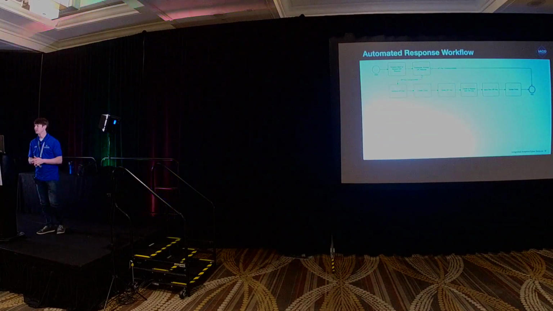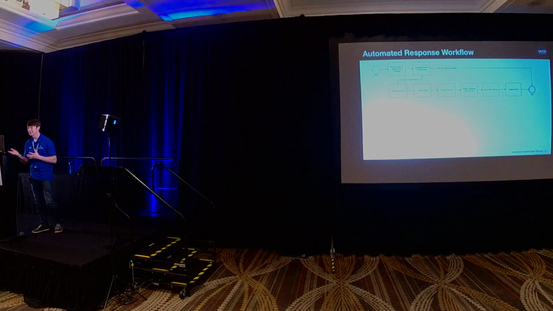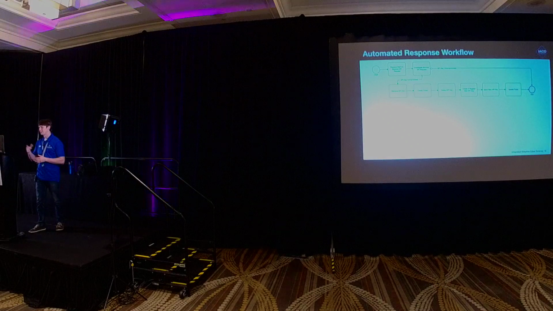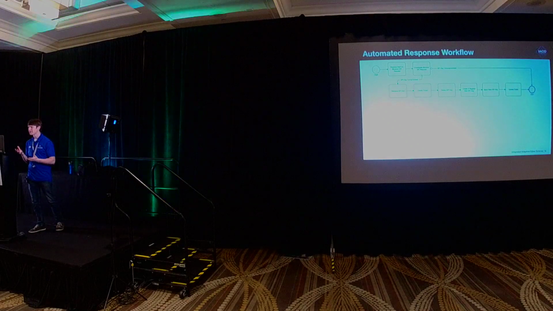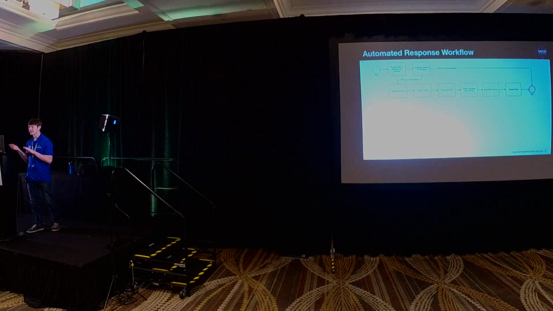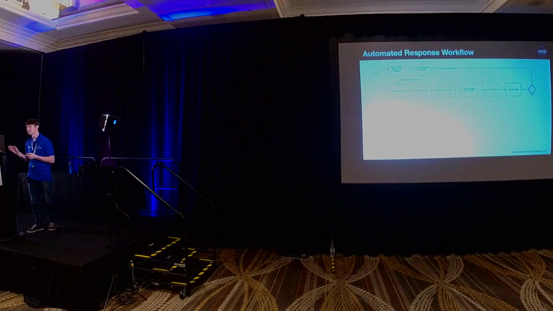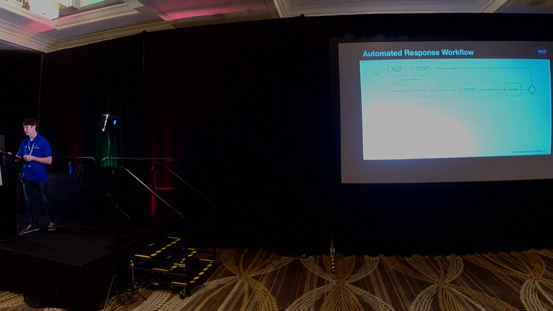So at a high level, this is what our workflow looked like. We receive the alert, we investigate it, we determine if it's compromised or uncompromised. If it is uncompromised, then we log that. If we believe the key to be compromised, we retrieve the key, create a ticket in our ticketing system, and revoke that API key.